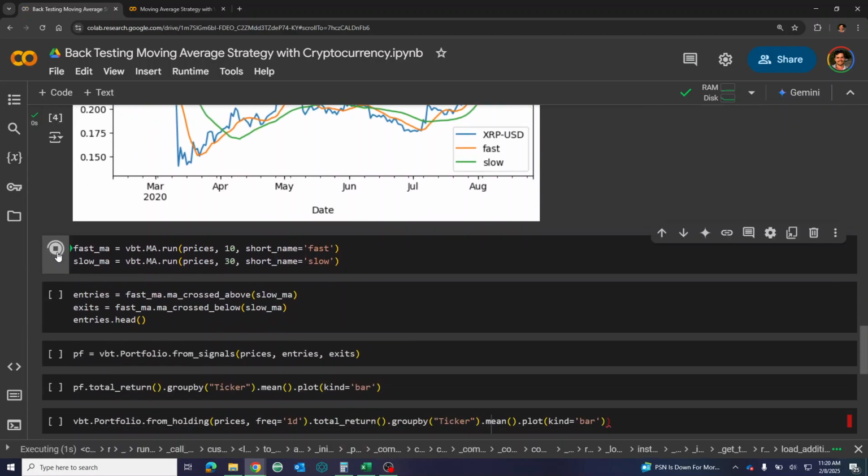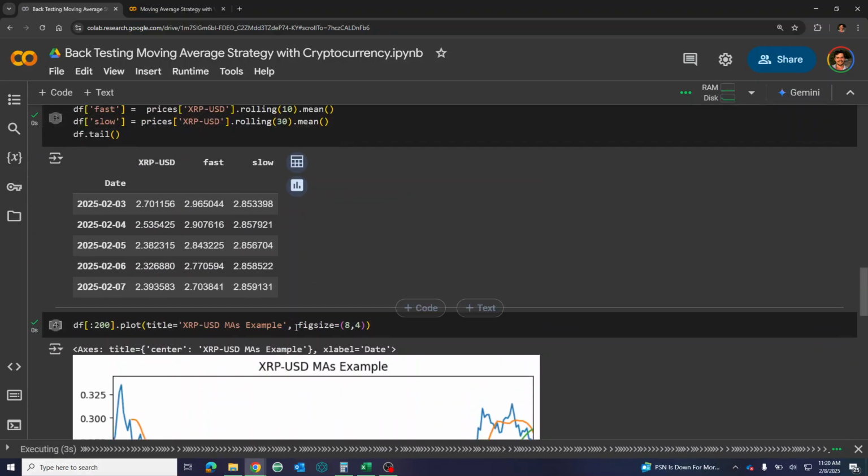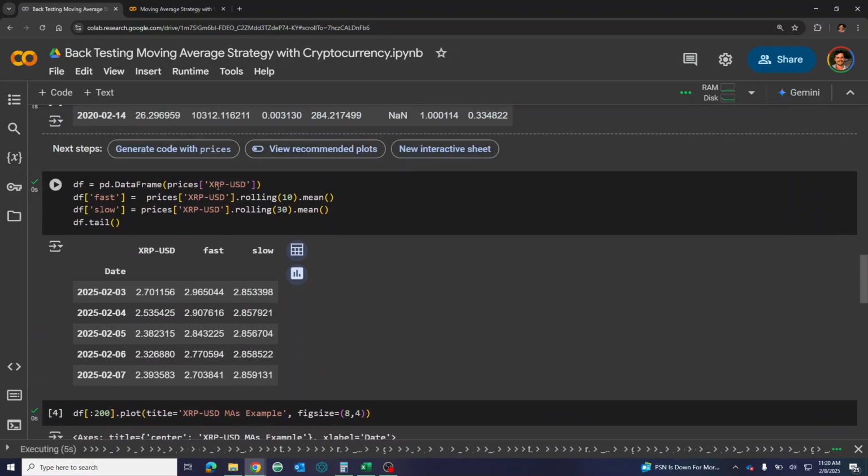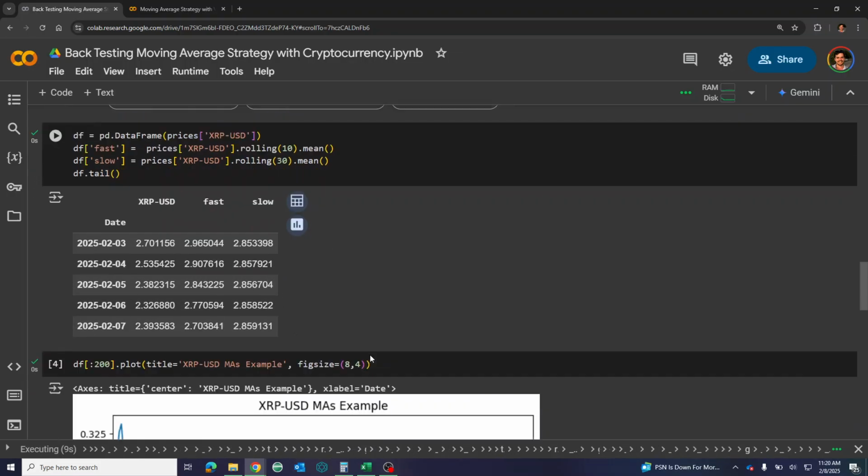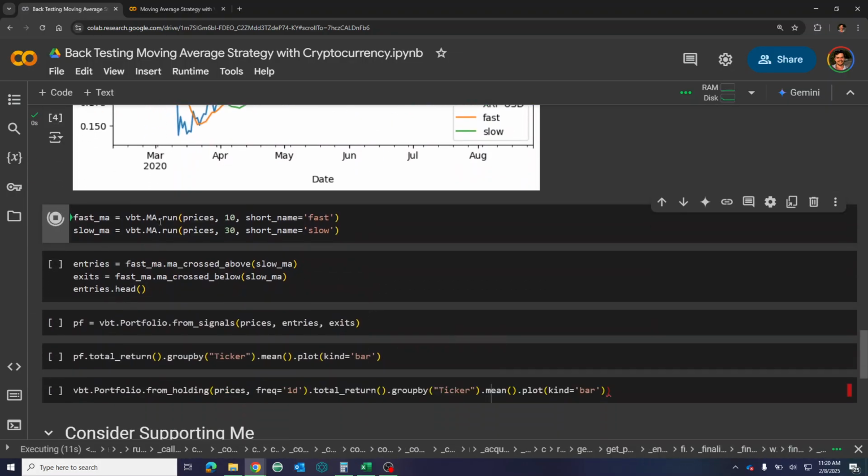Vector BT makes this really easy. Up here, I just did a very simple calculation of taking the rolling average with 10 and 30 and having that be our fast and slow. Vector BT can do the same thing, but it has built-in functions where you can just say this is the fast, we're using 10, this is the slow, we're using a 30 window.